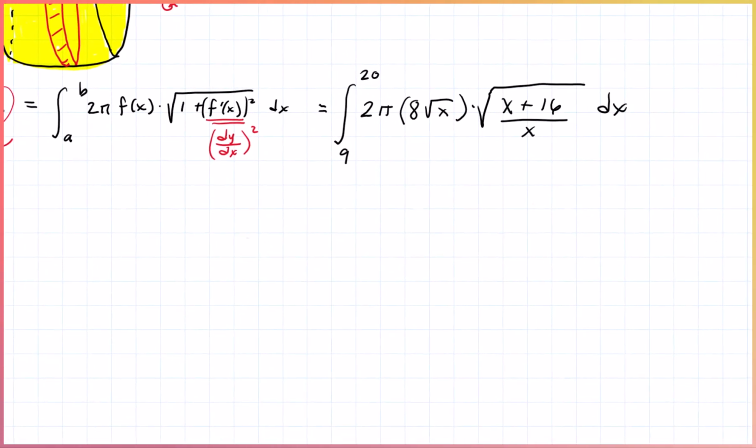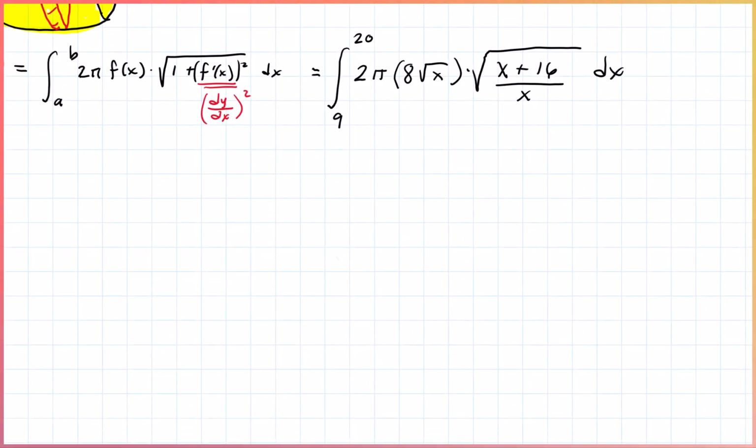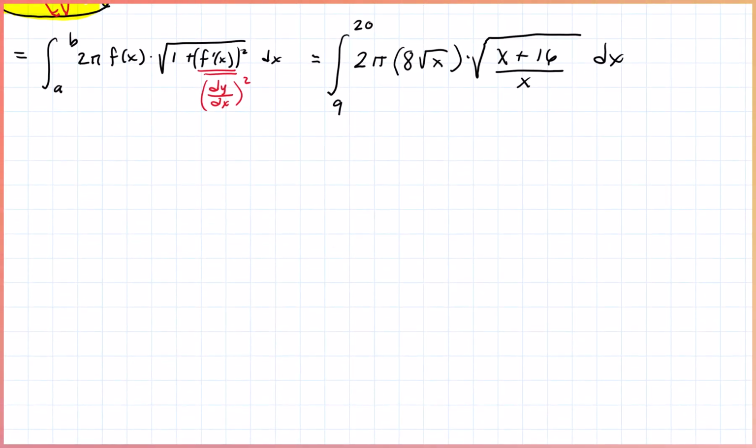Now I'm going to zoom in on that a little bit because I want to simplify and do that integral now. As we're simplifying, I notice a couple of things. One, I'm going to go ahead and pull out the 16. I've got a 16 pi. I'm going to pull that to the front. So 16 pi to the front. I'm integrating from x equals 9 to x equals 20.